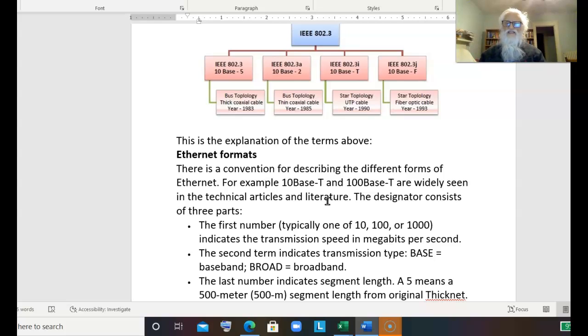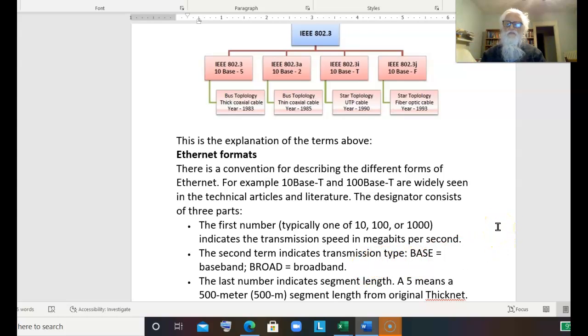The convention says that there are 3 parts to our description of the transmission media. The first number tells us the speed in megabits per second. So this is only 10 megabits per second. This would be 100. We could have 1,000. The second term says whether it's baseband or broadband.